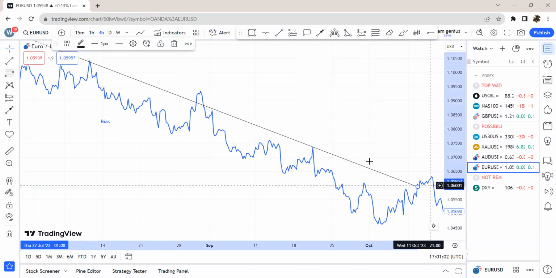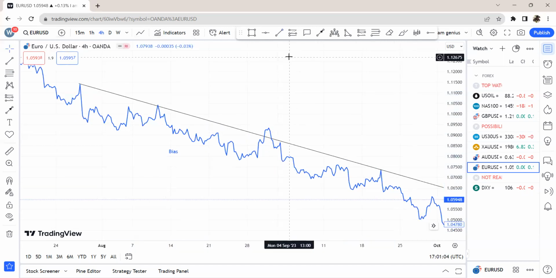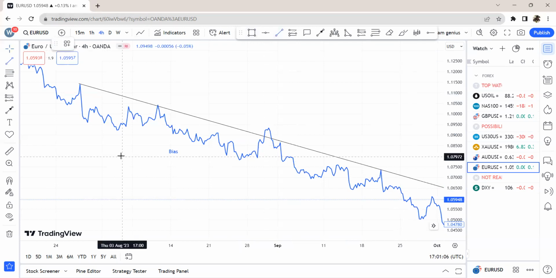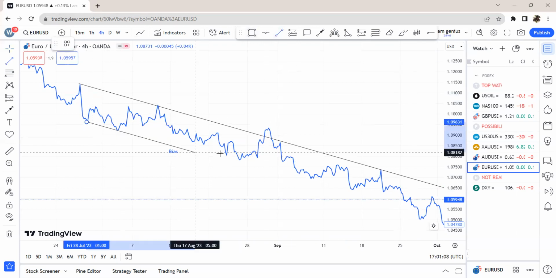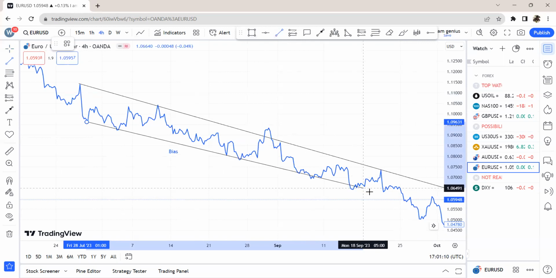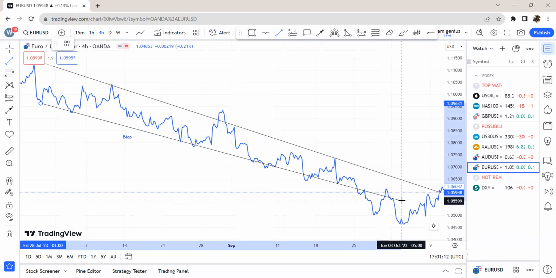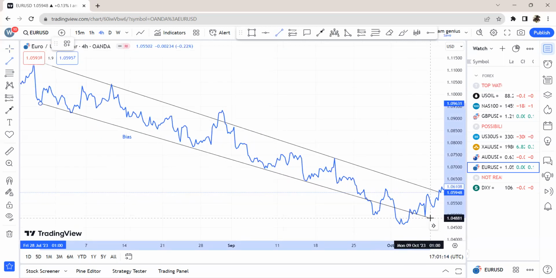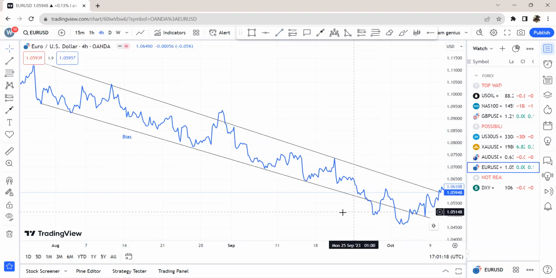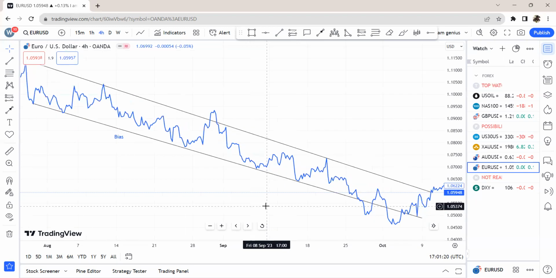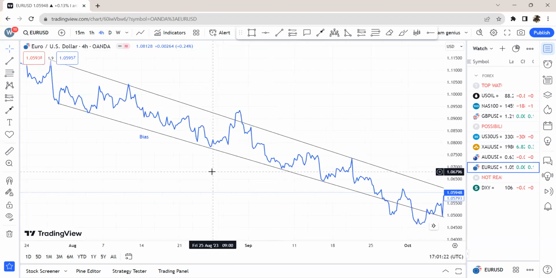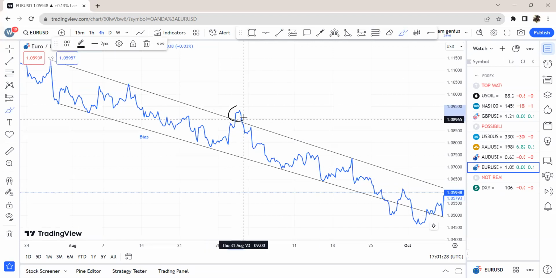If I want, I can even extend it all the way there. The next thing you want to do is bring another trend line down. Now you want to touch those. You want to ensure that when you adjust it, you only leave out points which were very extreme. For instance, there was this level, you're not going to consider this.